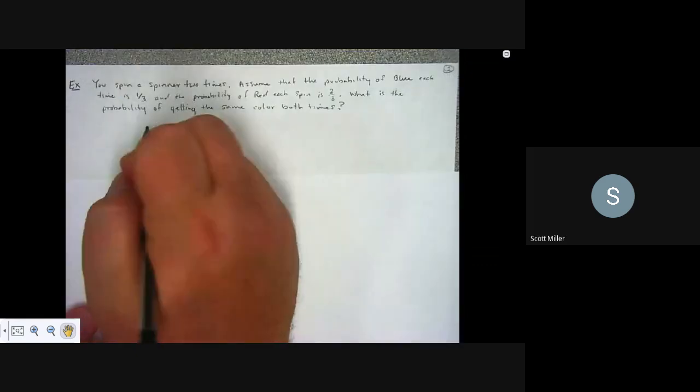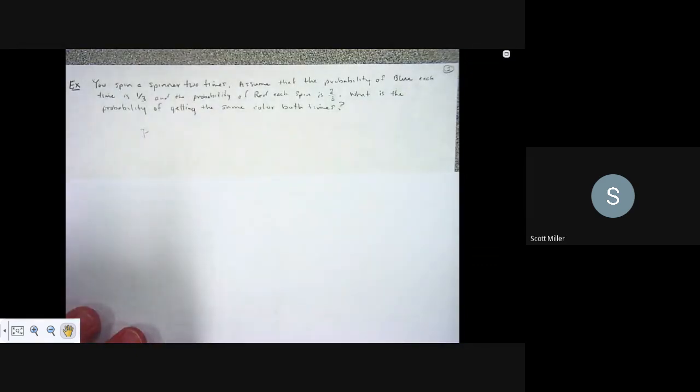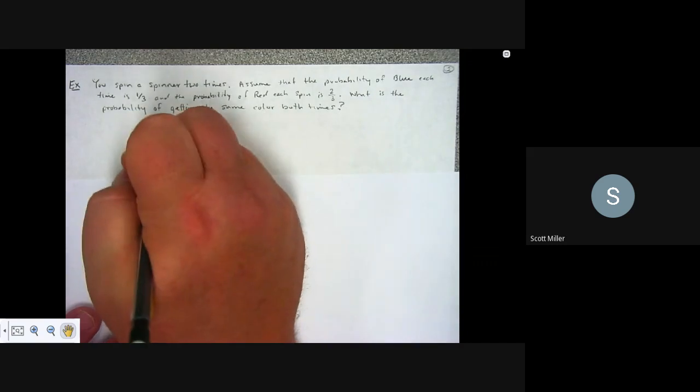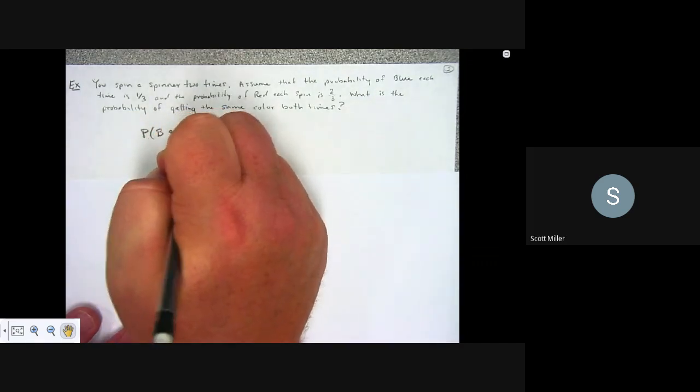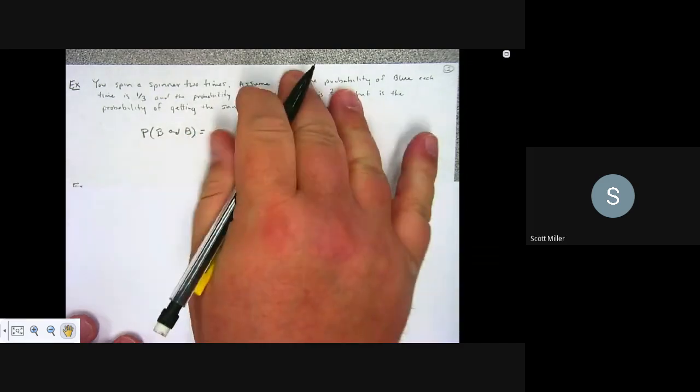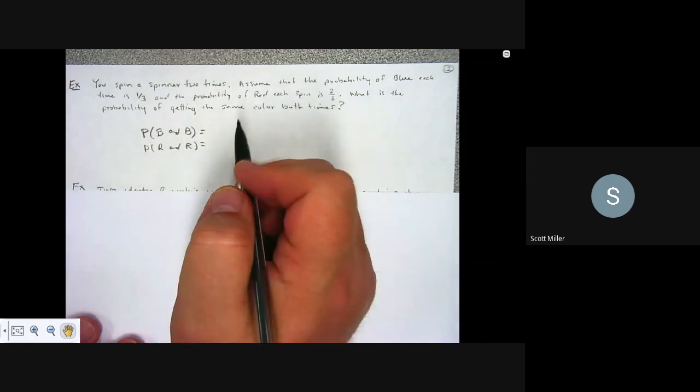So we need to find the probability of a blue and then a blue again, and then the probability of a red and then a red again. And then we're going to combine those together.